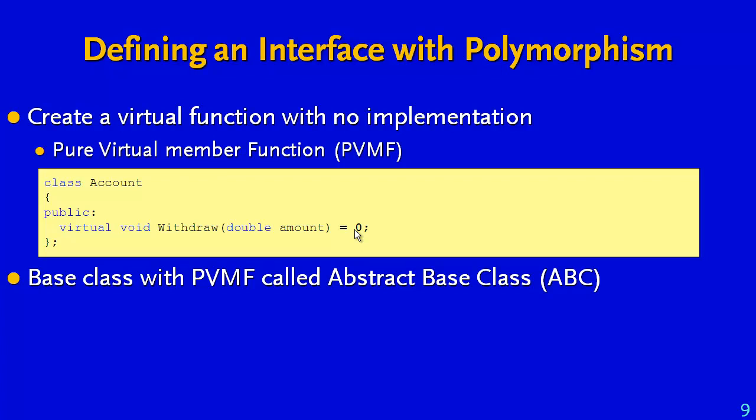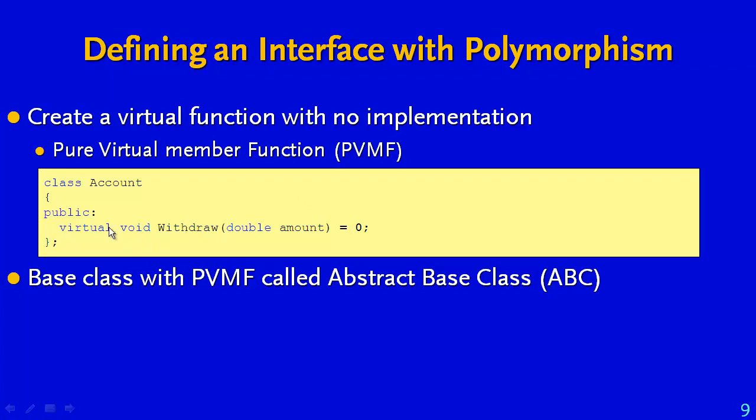So this defines an interface. Every class derived from account must implement the withdraw function, otherwise you get a compile time error. He says something like unable to create instance of abstract class, which is fair enough.